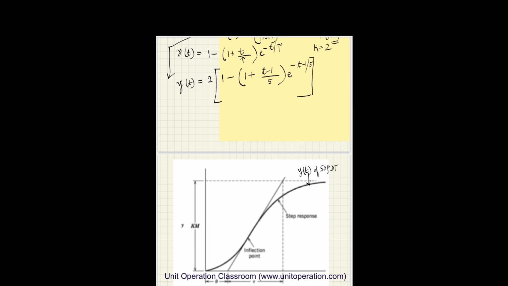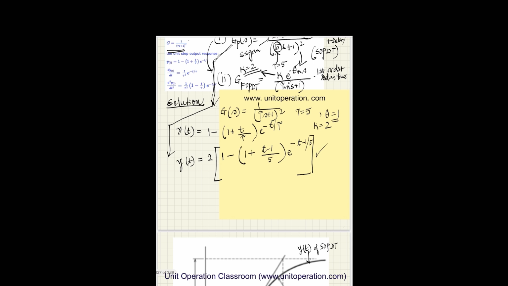Now we have to find the inflection point. How do we find the inflection point? Let's call it step 3. For finding the inflection point, the slope is dy over dt, and the maximum slope occurs when the second derivative, d2y over dt squared, is equal to 0.